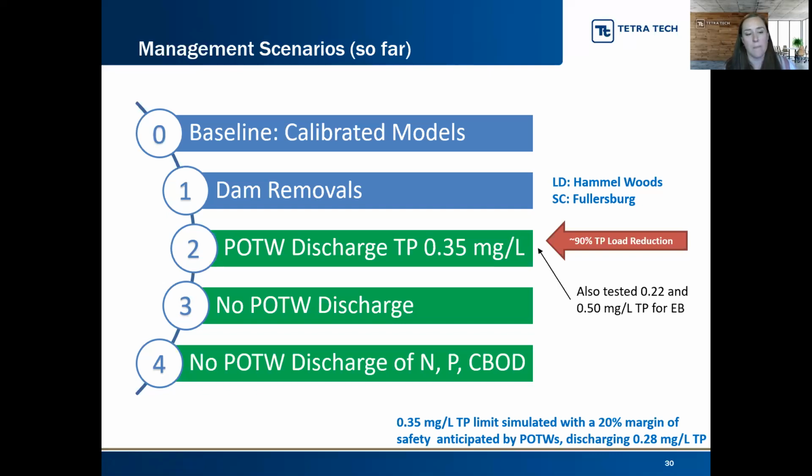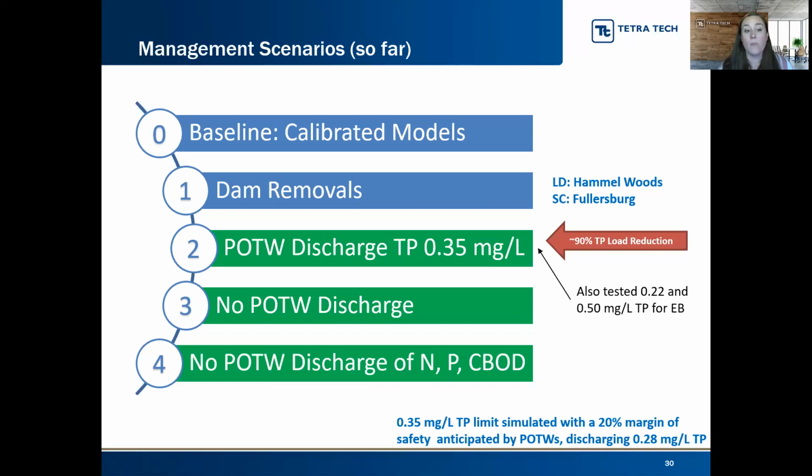Obviously, in such a built environment, it's totally unreasonable. We also ran a scenario where the wastewater dischargers kept their existing flow that was observed from that model year, but we removed all nitrogen, phosphorus, and CBOD from that effluent. Those were all set to 0, just to see how much the flow volume impacts the stream without some of those more oxygen-demanding substances.